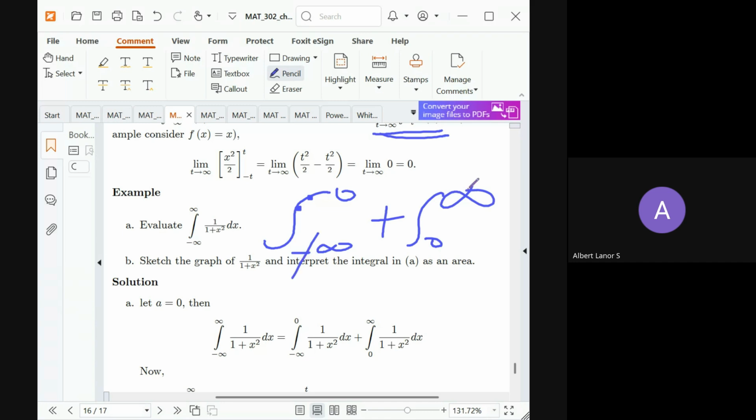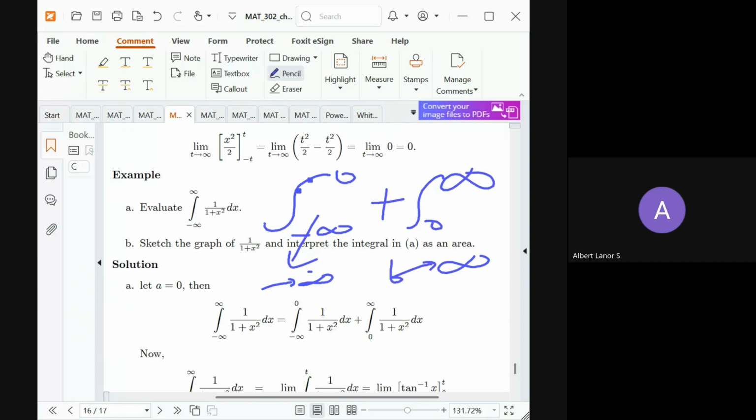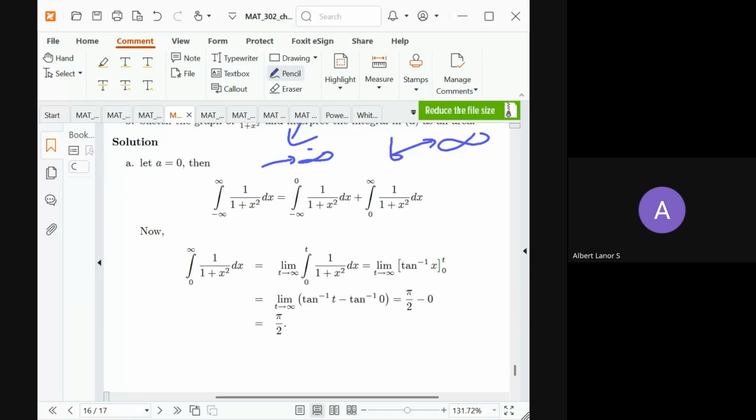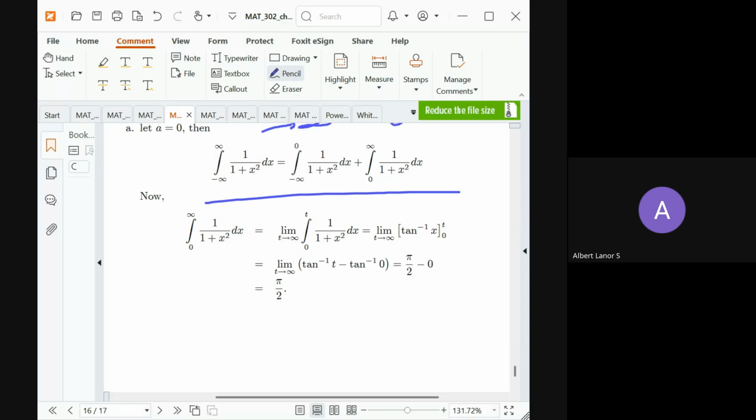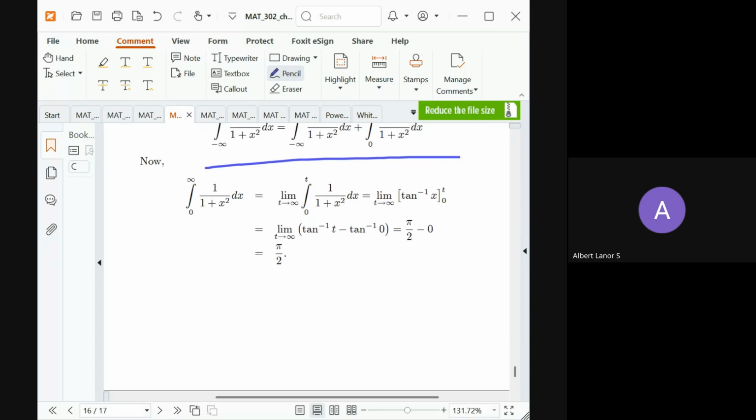Then we find the limit as the lower limit goes to minus infinity, and as the upper limit of the other one goes to infinity. All right, so we see them here. You take them one after the other. Now here, when you integrate 1 over 1 plus x squared, you know that you have tan inverse of x from t to 0.